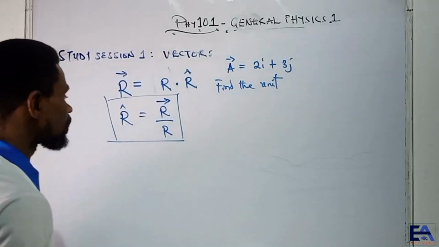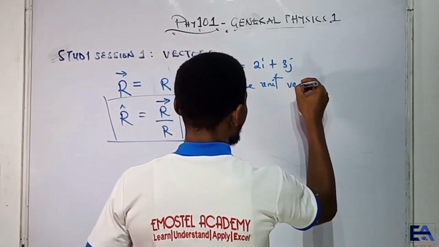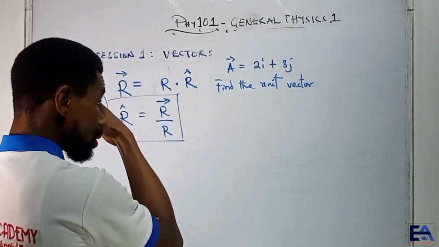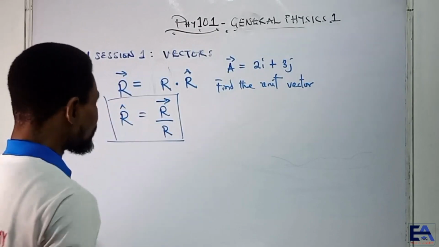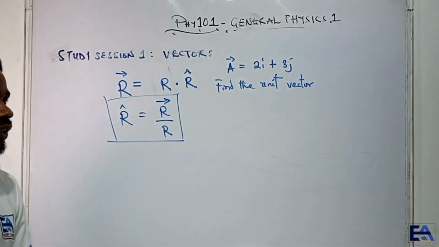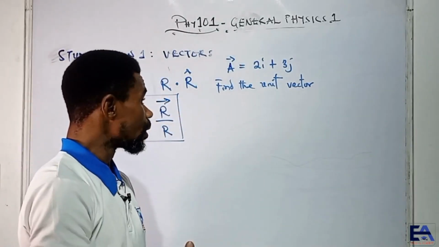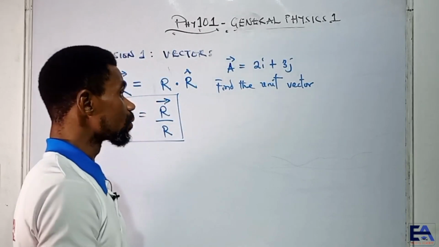There's a way they usually put the question: find the unit vector perpendicular to this, or find the unit vector parallel to this.